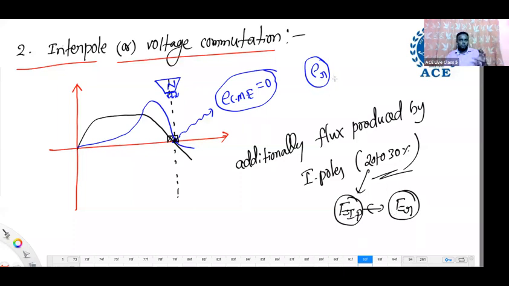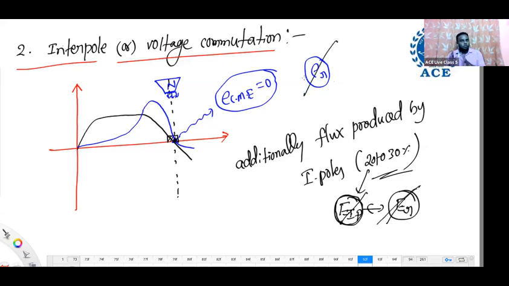Reactance voltage is due to internal flux, and the EMF induced due to interpoles is opposite, because interpoles always produce a flux opposite to the armature flux. So these voltages cancel each other, and the reactance voltage is also cancelled.